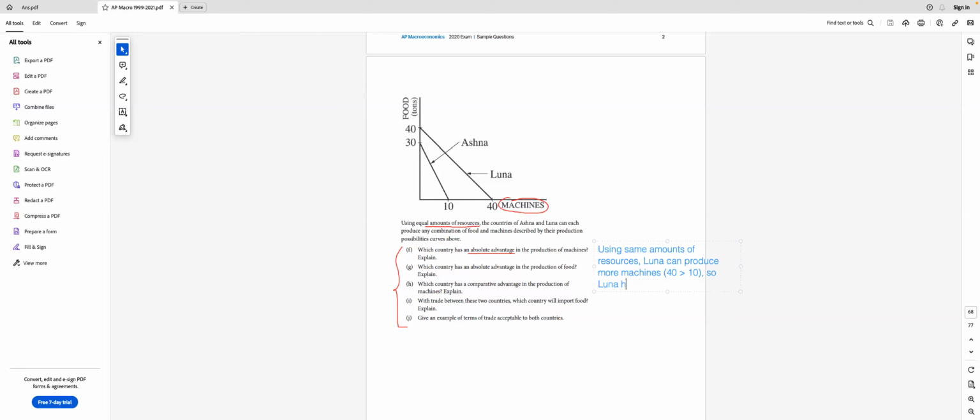So Luna has absolute advantage for producing machines. Okay, I guess this is the answer for the first question.